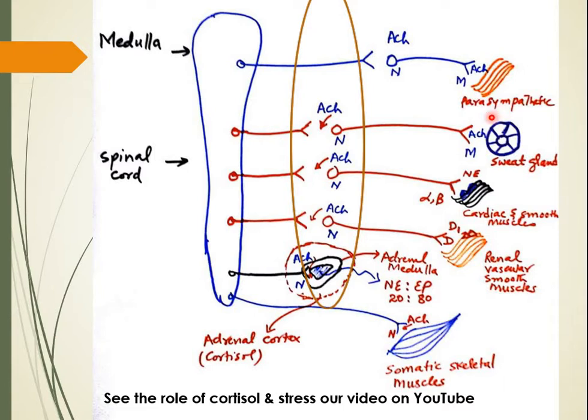So at the ganglia level, the neurotransmitter and the type of receptor are the same, respectively acetylcholine and nicotinic receptors.